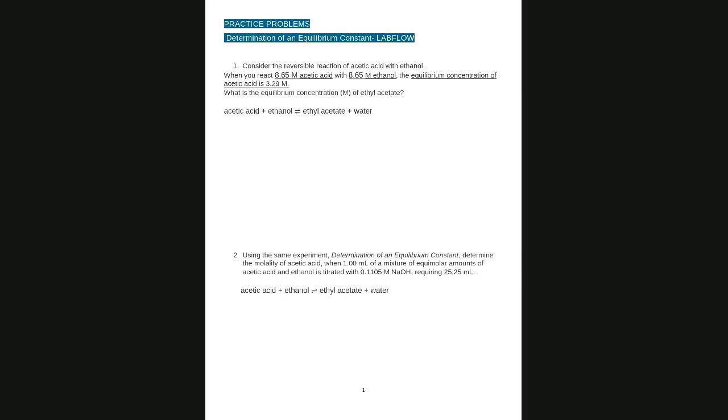When you react 8.65 molar acetic acid with 8.65 molar of ethanol, the equilibrium concentration of acetic acid is 3.29 molar. And they ask for the equilibrium concentration of ethyl acetate, which is the product.